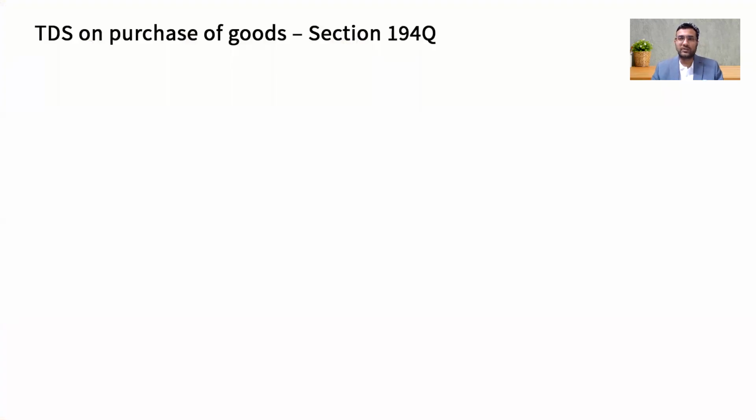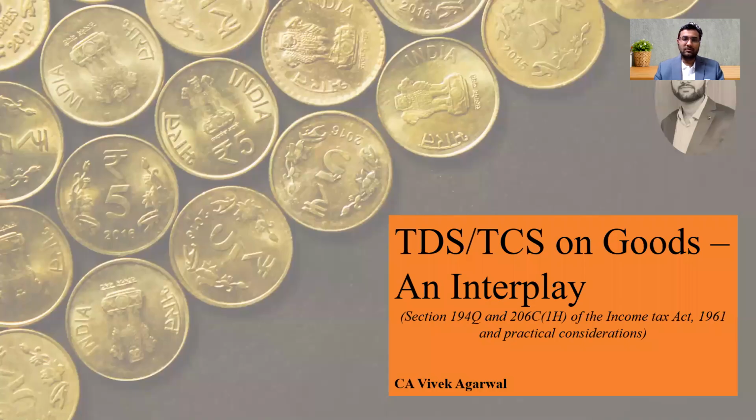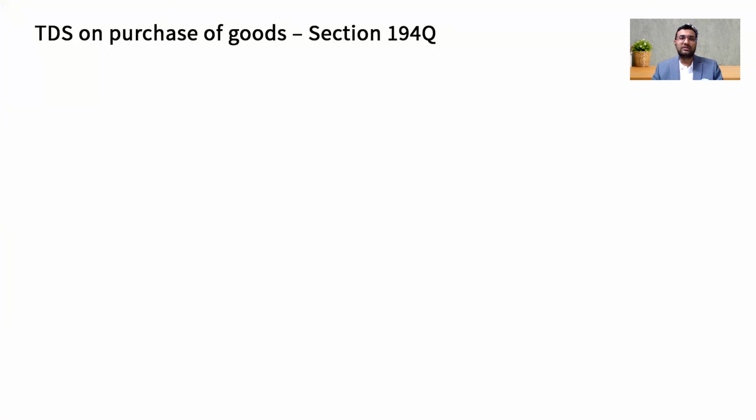Section 194Q was brought in by the Finance Act 2021 on the purchase of goods, in which the deductor has the liability to deduct TDS on the goods purchased from the deductee, or the seller.